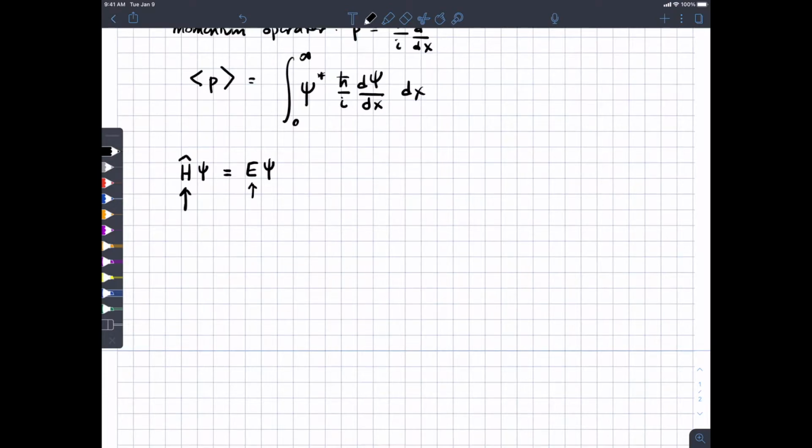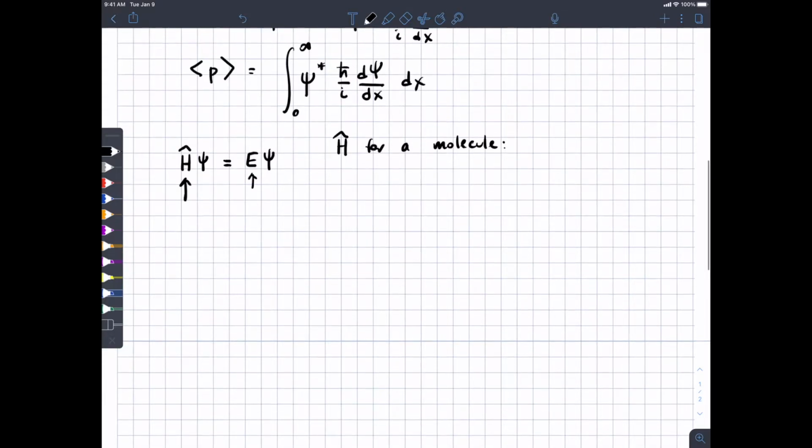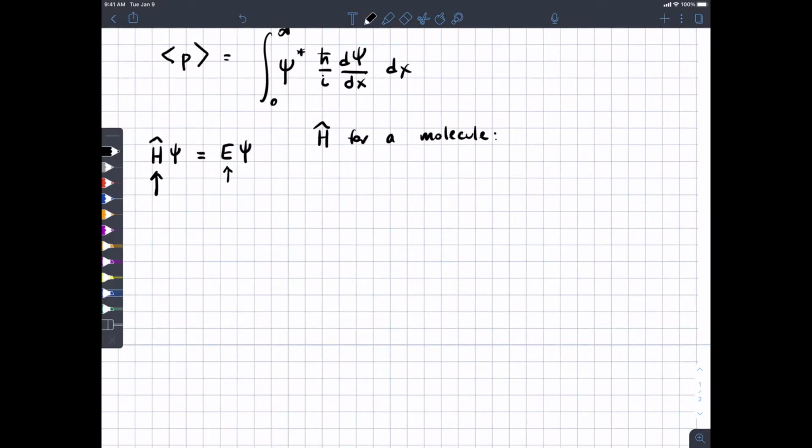We said last time that the Hamiltonian for a molecule has to account for the following things. First, you've got to account for nuclear kinetic energy. However many nuclei you have, if they have velocity, they also have kinetic energy, and you need to deal with that.